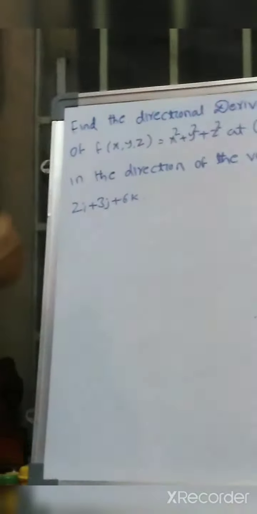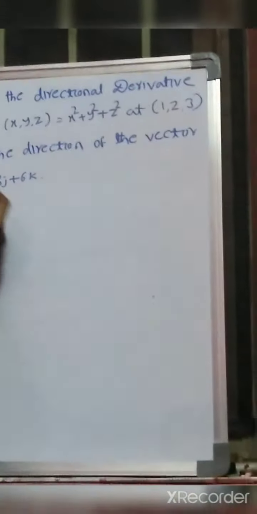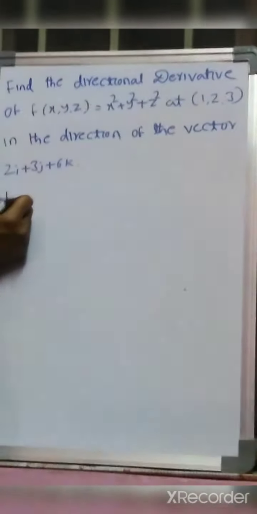Find the directional derivative of f, that is x square plus y square plus z square, at the point 1, 2, 3 in the direction of the vector 2i plus 3j plus 6k. Now the solution.